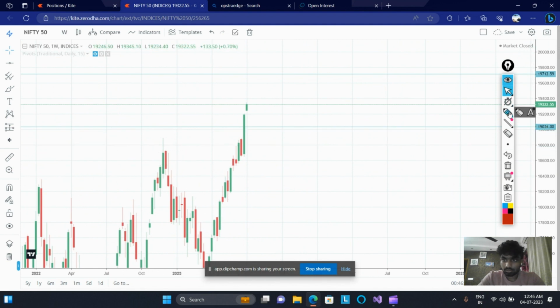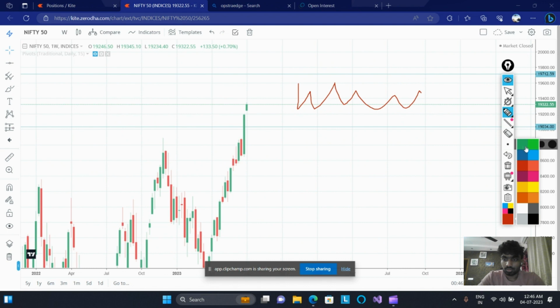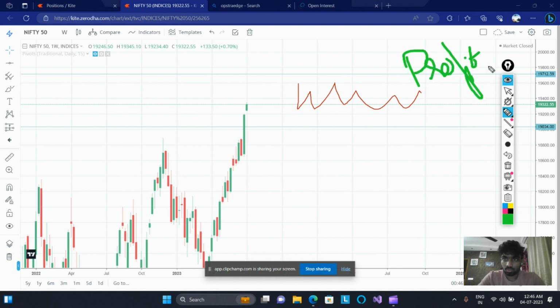So as long as the index is inside this range, I'll be in profit, and that too only on expiry day.